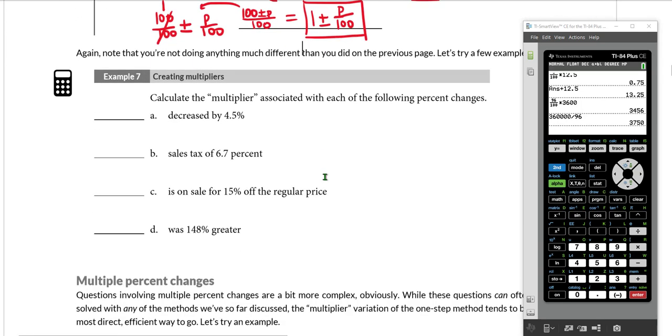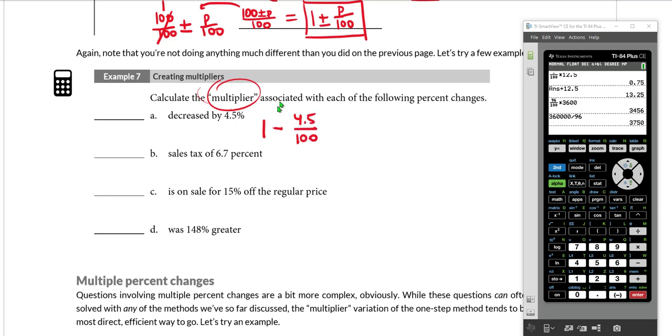Let's do a bunch of examples where we simply create some multipliers out of a percent increase or decrease. If you feel confident with these, go ahead and try examples 7a through 7d. I'm going to work through them right now. All we are doing is creating the multiplier. So if we decrease by 4.5%, that means we are going to be doing 1 minus 4.5 over 100.